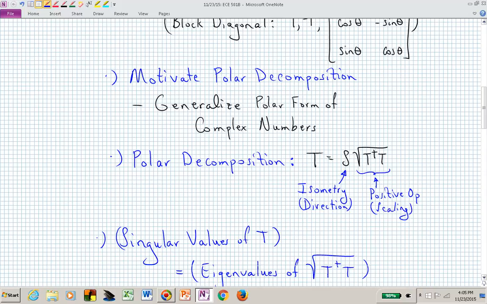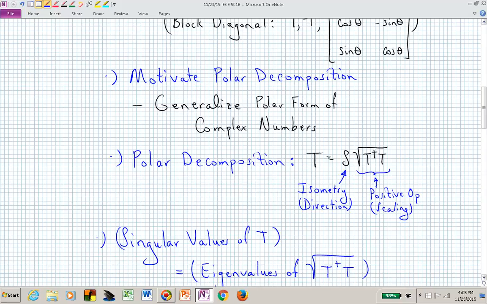Complex numbers, you can think of as being written in rectangular form or in polar form, and the polar form is more conducive to this angle or rotation and scaling, with the magnitude scaling and the angle rotating. We'll do that by thinking about what was analogous, or how can we generalize a complex number?